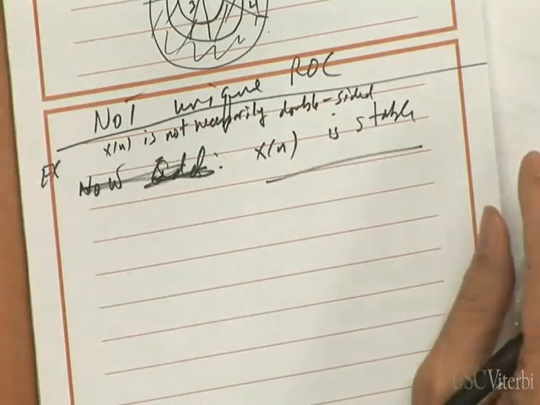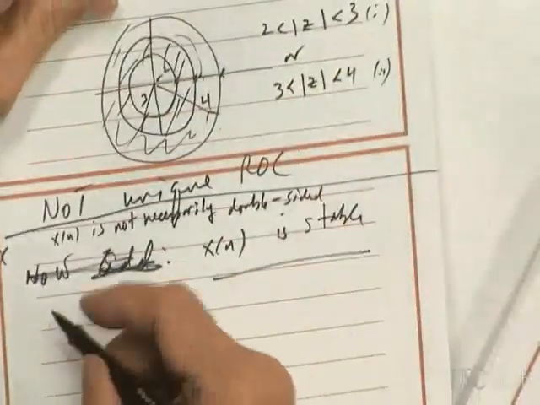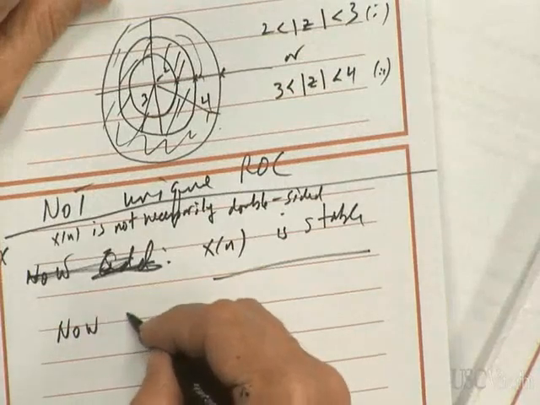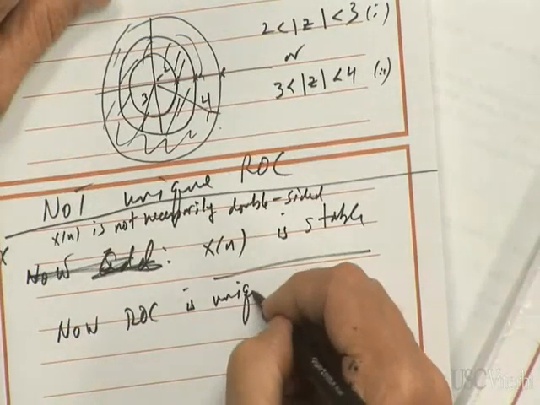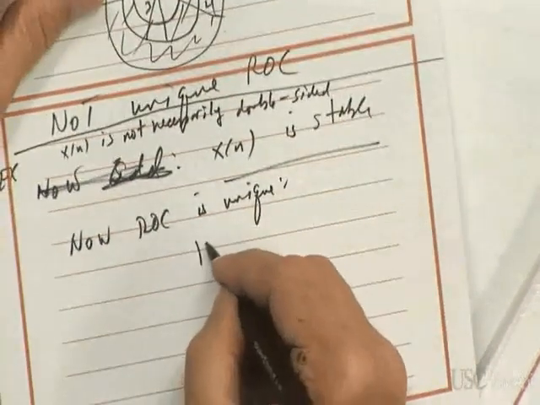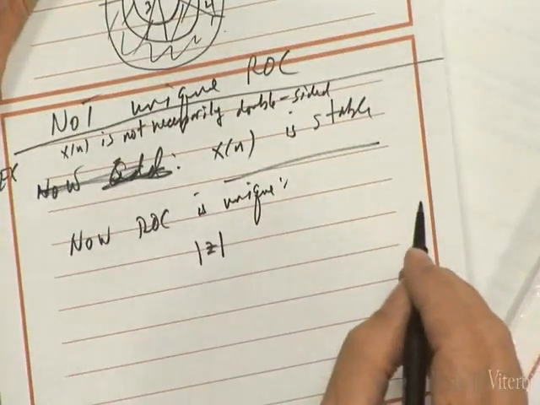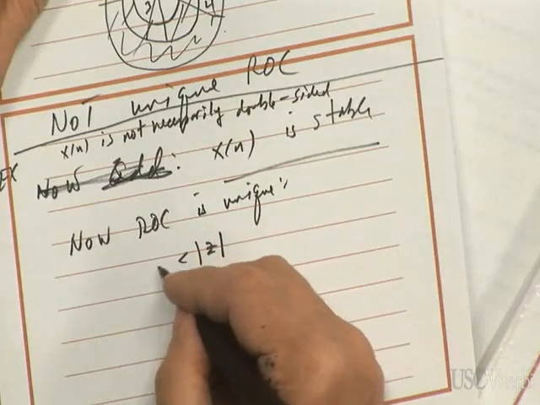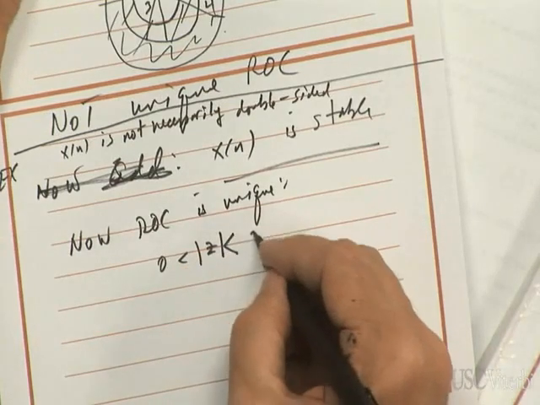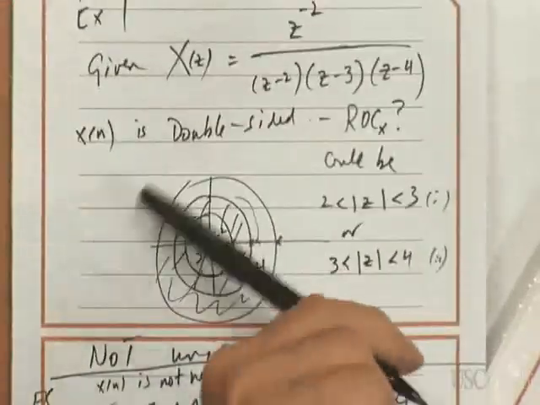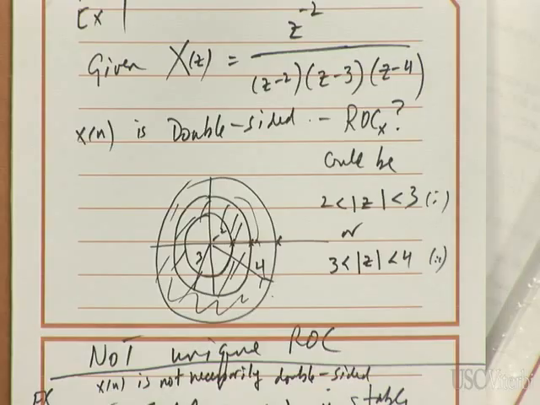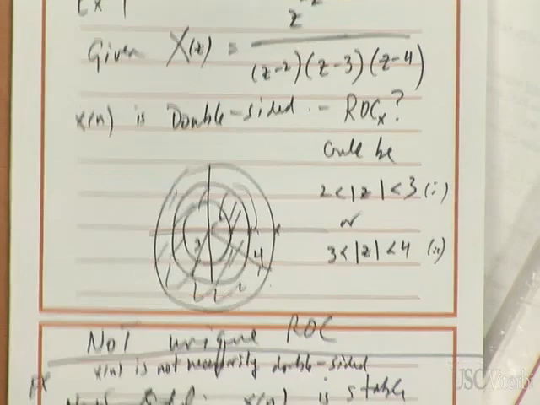Now can you uniquely determine a region of convergence? Now ROC is unique, and it's equal to the set of all z with magnitude greater than 0, less than 2. Okay? See how just a little bit of side information, when I give you this side information, it did not uniquely determine the region of convergence.